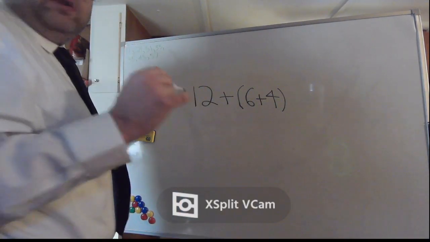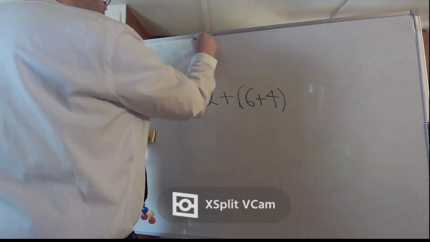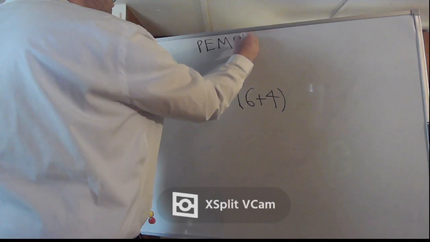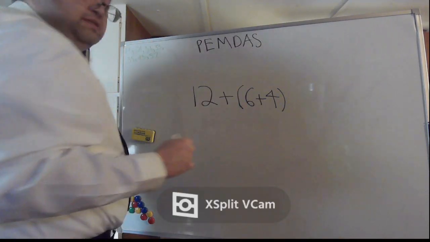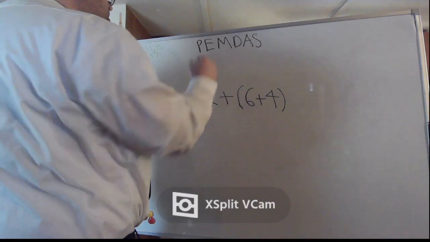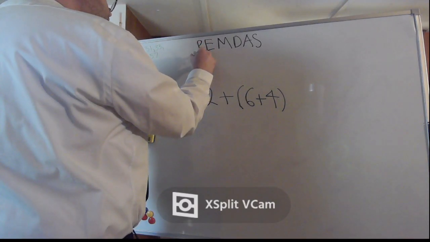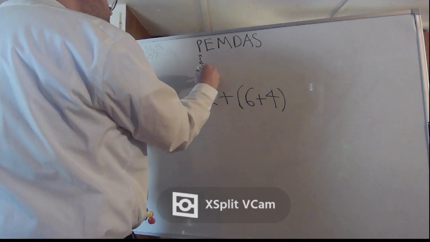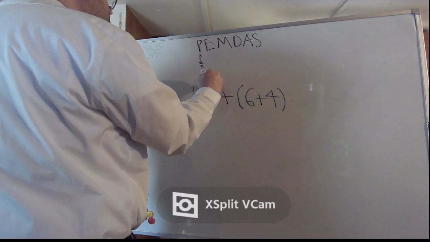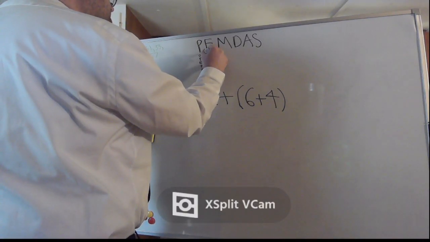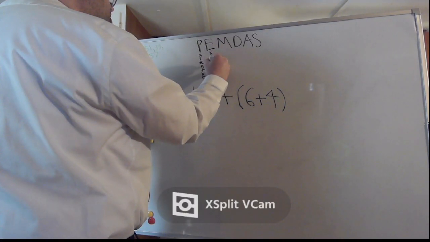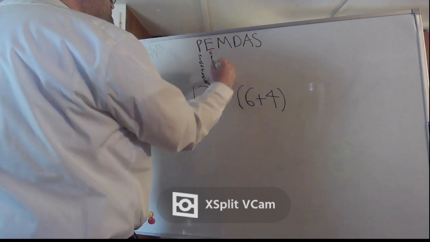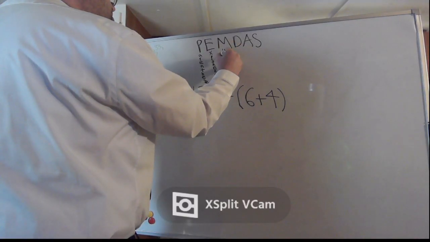You may or may not have heard of this expression. Please excuse my dear Aunt Sally. PEMDAS. So P equals parentheses, E is exponents, M is multiplication.